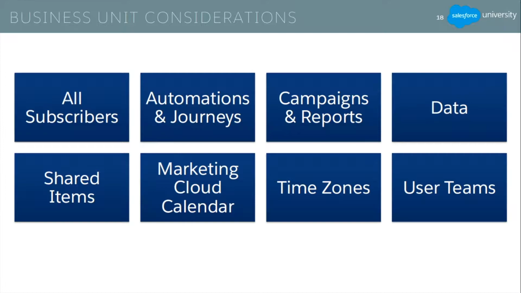Well, if I have users who are talking to customers in America and users who are talking to customers in Spain, that's not going to be the same time zone. We could be hitting people while they're asleep in one of those regions. So we just want to be strategic and mindful of that. There are alternatives, such as using Automation Studio to schedule our sends instead, but it is something to be mindful of.